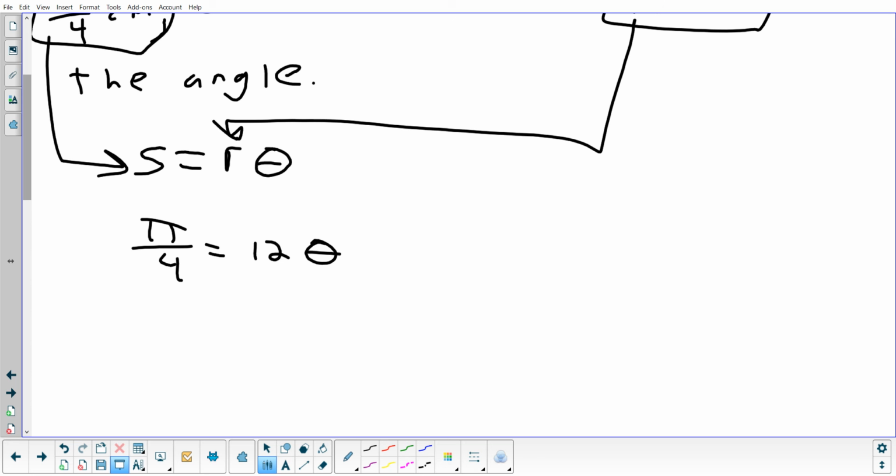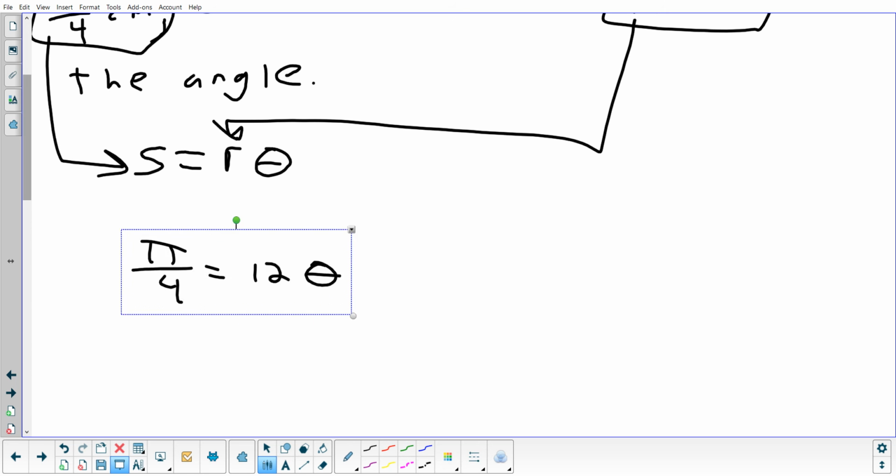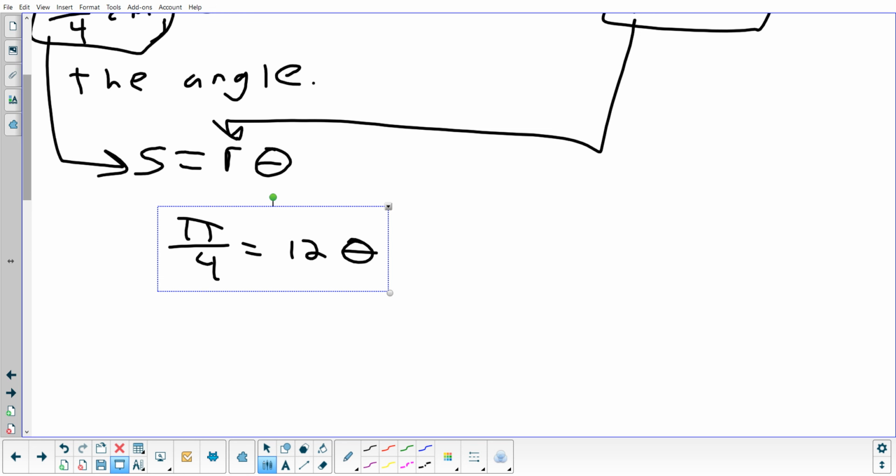And Gina, how would I get rid of this multiplying by 12 and move it to the other side? Yeah, we're going to divide both sides by 12. So when you divide by 12, it puts a 12 in the bottom on that side. And when you divide the other side by 12, it's the same as just putting times 12 in the bottom.